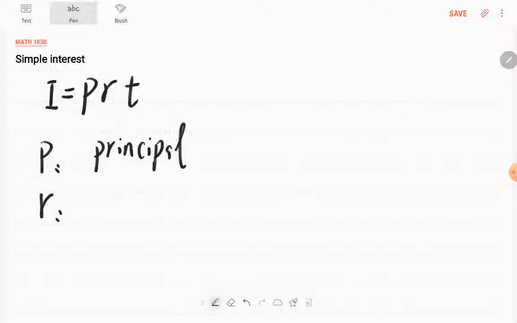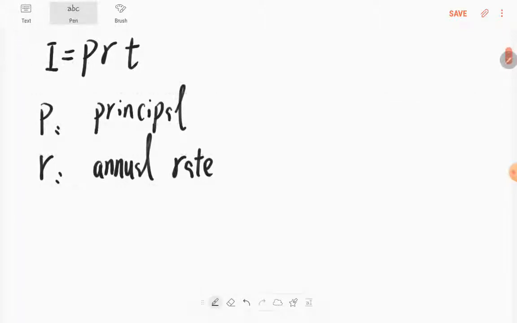R is the annual rate. In general, it will give you the percentage, but when we do the calculation, we need to convert to decimals. T is in years.